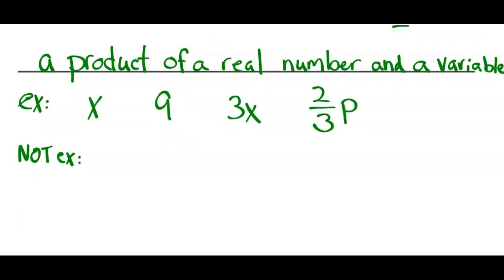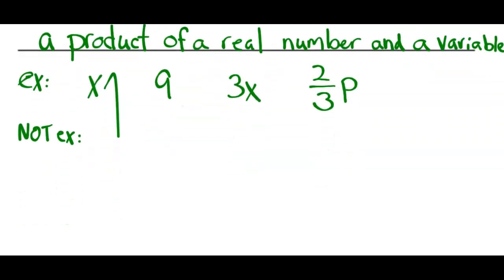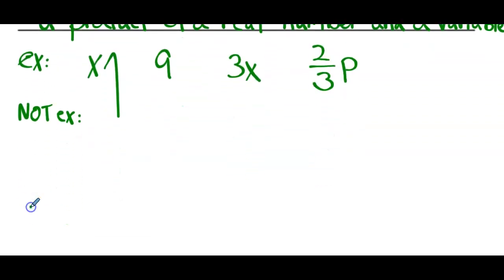Some examples that are not a monomial would be x plus y, because that's not a product, it's a sum, okay? 7 divided by x, that's not a real number, and it's also not a product, because it's a division.